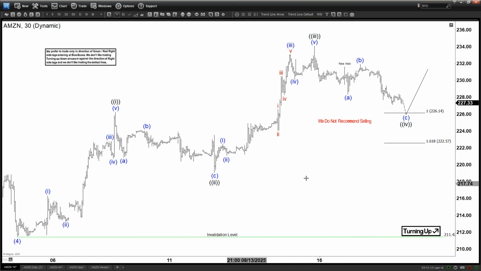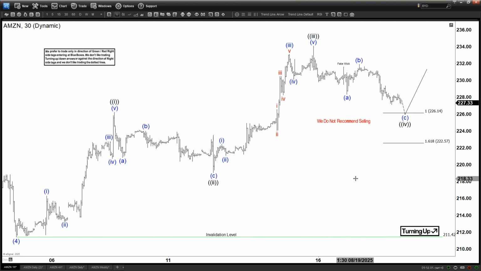Now, in the current situation with Amazon, there are a couple of alternates we can think about, which unfortunately I do not think one specific count or structure is more likely than the others. I think they are equally probable at the moment.